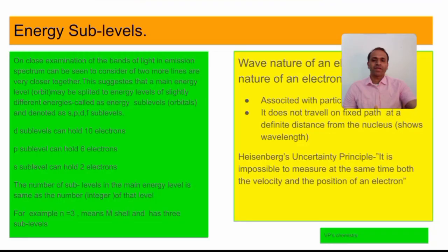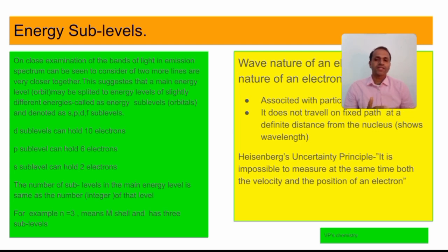The last time, we went through what the energy levels are, and on close examination of the bands of light in the emission spectrum, two or more lines can be seen very close together.